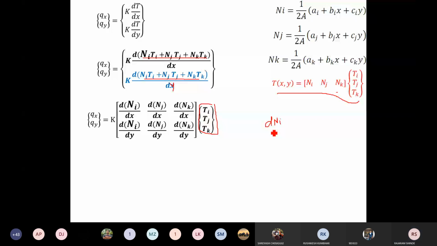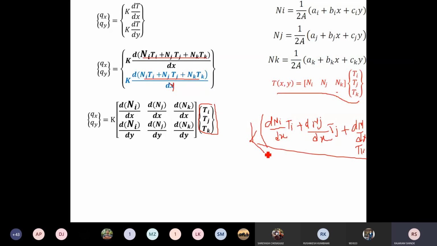Second term is dNj by dx into Tj, plus dNk by dx into Tk. This is your first equation. Am I right? Into you have k. You agree with this? This first equation I have just written in matrix form.